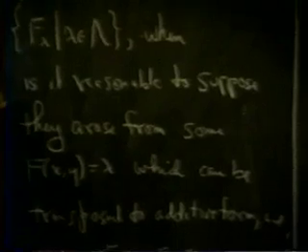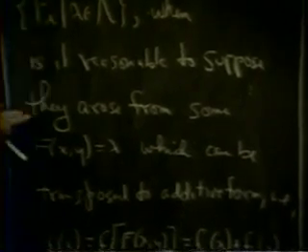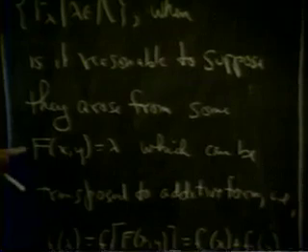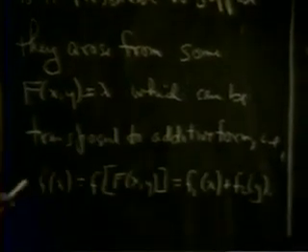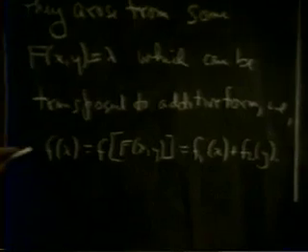The question is, when is it reasonable to suppose that these indifference curves arose from some function of 2 variables being set equal to a constant, and that function is capable of being transformed into additive form, so that you have f of lambda, which of course is another constant, call it c. Little f is applied to capital F and yields an additive representation.